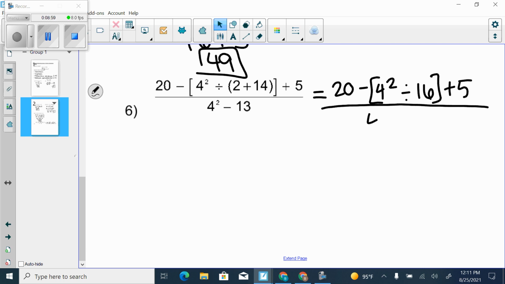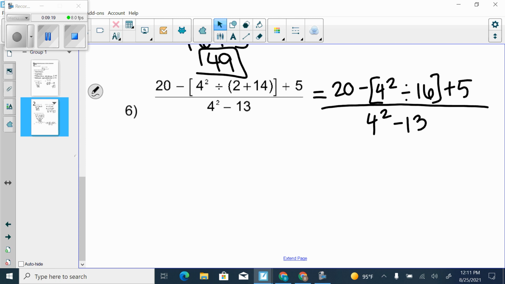Okay, so now that innermost parenthesis is gone, what do I do now? Right. Brackets are just like parentheses, right? Still got to work inside of those first. Inside of the bracket, should we do the exponent or division first? Exponent. Very good.